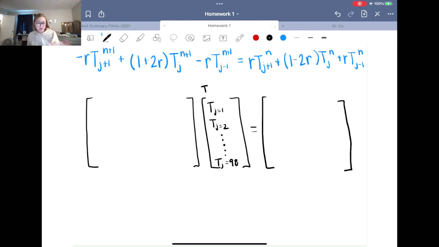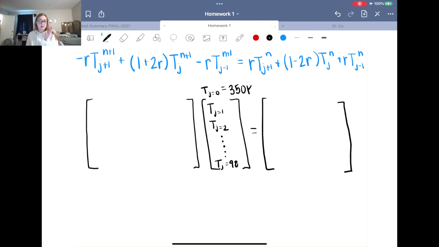Now we do have some boundary conditions on here. When j equals 0, we know that the temperature is 350, because in our previous example of our bar, we had one end where we had heat coming in at 350 degrees Kelvin, and then at the other end, where j is 99, our temperature is 400 Kelvin.